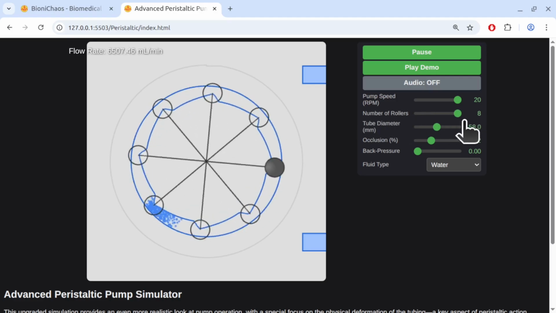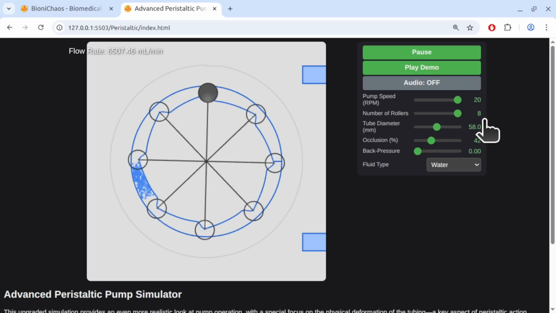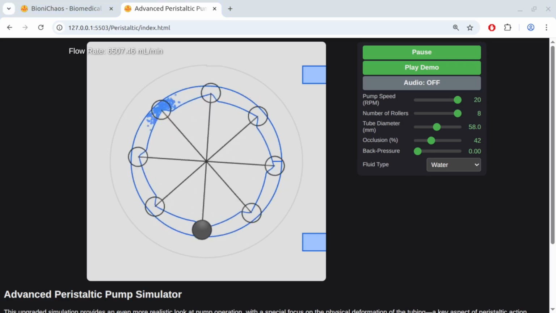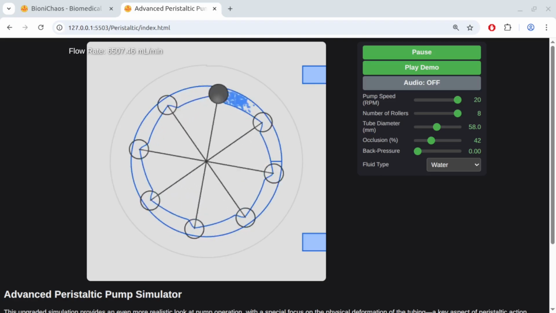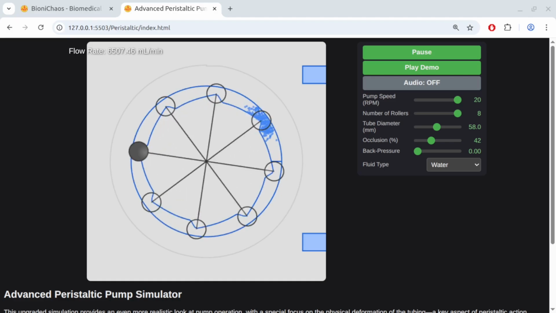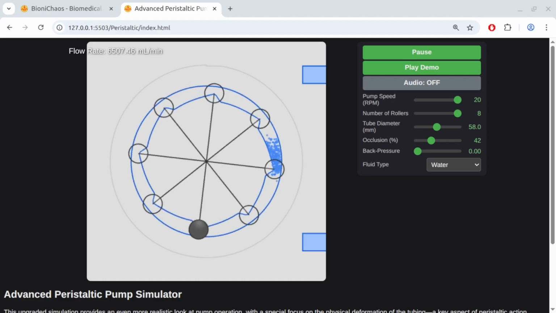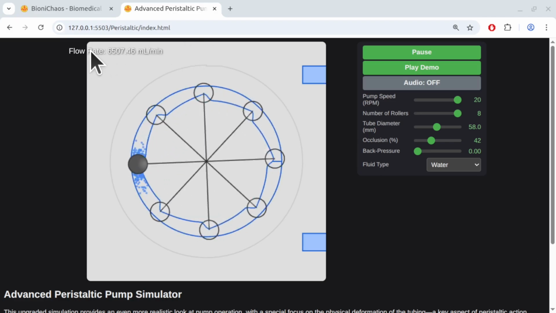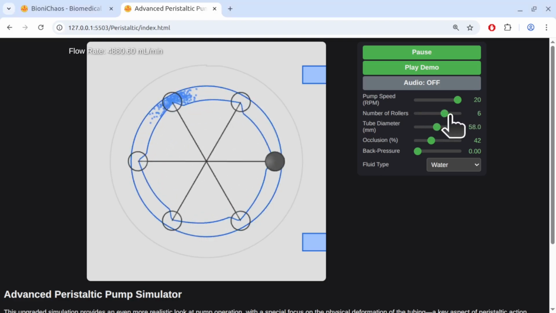The number of rollers should directly impact the animation because it changes how frequently the tube is compressed and how often particles are pushed forward. Right now, it seems like the update particles function isn't fully accounting for the number of rollers in its logic. Specifically, the driving force applied to the particles doesn't seem to scale with the number of rollers. To fix this, we need to adjust the update particles function so that the driving force is influenced by... Wait, but so the flow rate is being calculated correctly and it's taking into account the number of rollers.